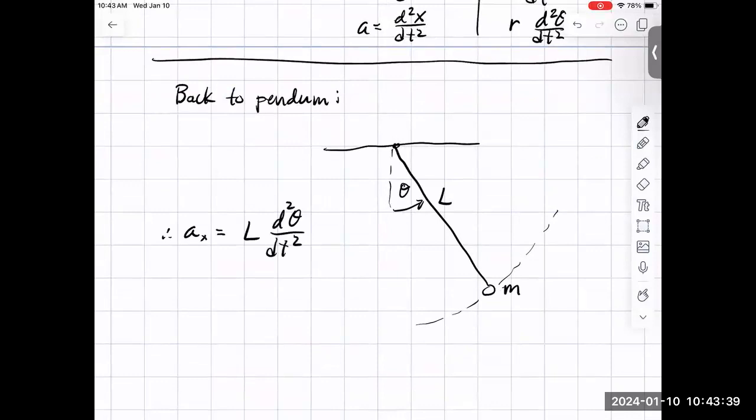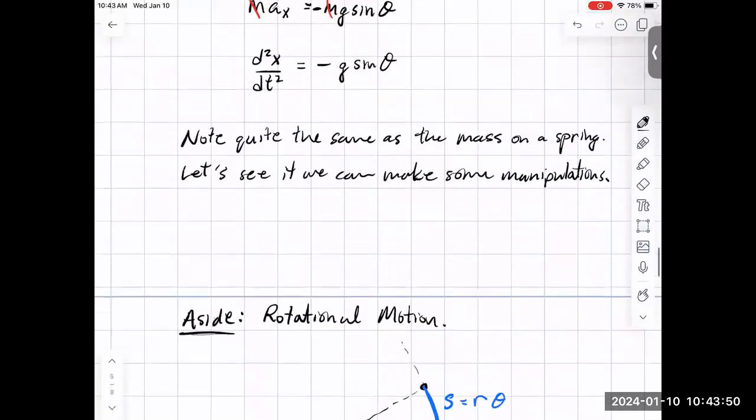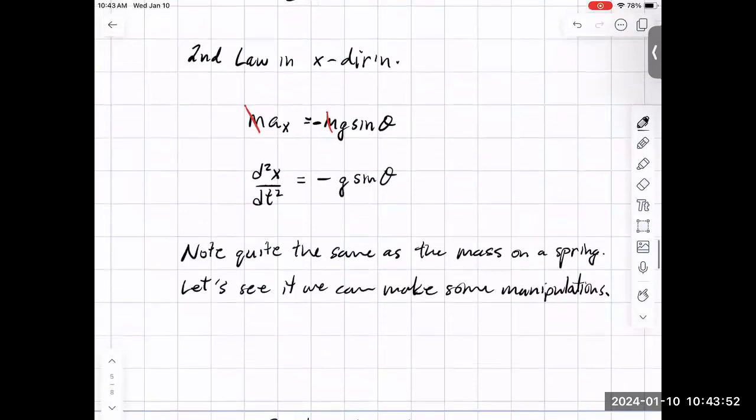Okay. So again, it's just the radius of the motion times 2 derivatives of the angular position. And so what we're going to do is go back to before this aside. And I think we had equations 1 and 2. Let's call this equation 3. And what we're going to do is sub this new expression for our acceleration into equation 3.